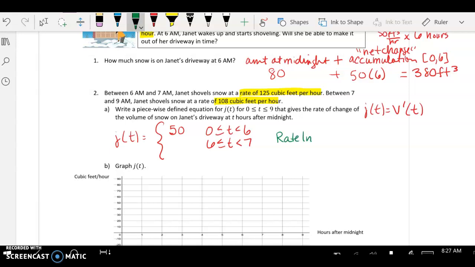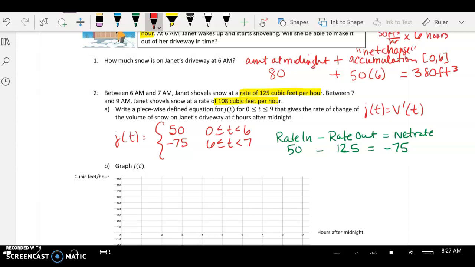The snow is still accumulating at 50. She's taking it away at 125. So the net rate is going to be negative 75 cubic feet per hour. So that's what's going to go here for our negative 75.